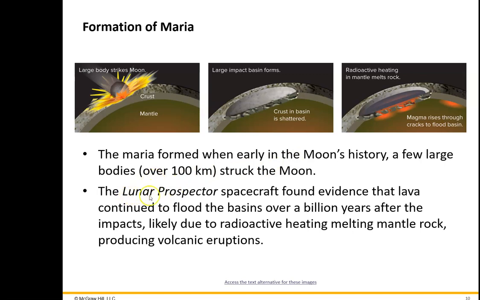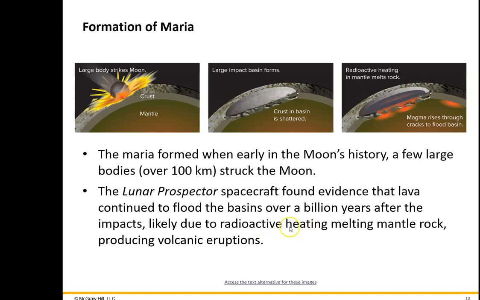So this was a spacecraft that might actually still be in orbit around the moon. It's called Lunar Prospector, depending on when you're watching this. Anyhow, the Lunar Prospector found evidence that lava continued to flow in the basins over billions of years after the impact, due to radioactive heating. Remember that's the same process that goes on in our Earth.